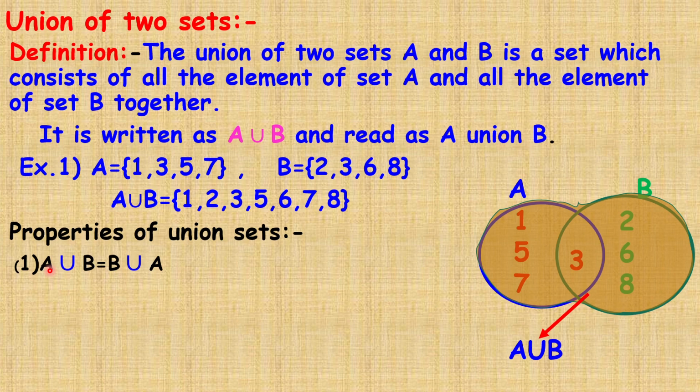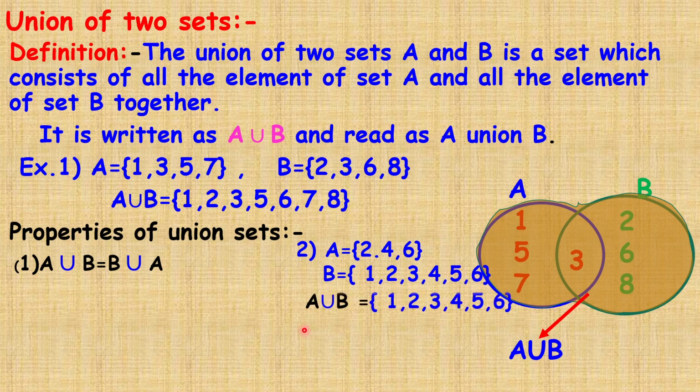So A ∪ B is equal to B ∪ A. And set B having the elements 1, 2, 3, 4, 5, 6, the union of these two sets A and B, the elements together are 1, 2, 3, 4, 5, 6.